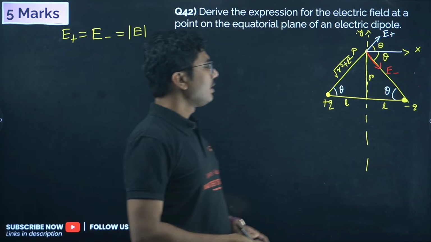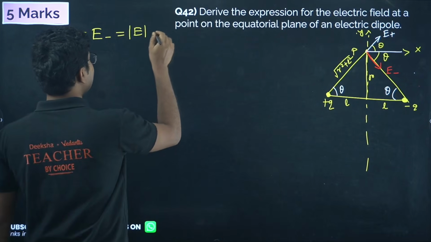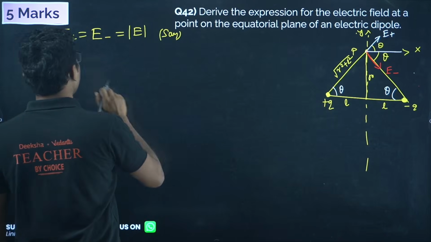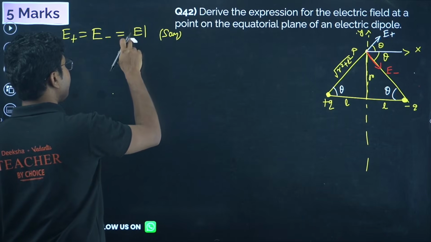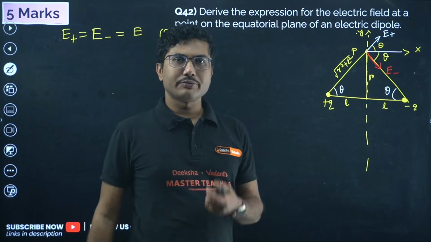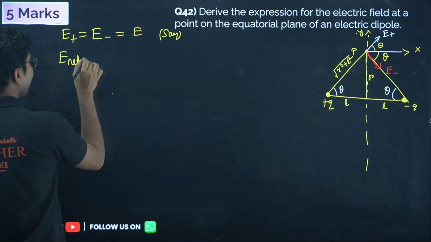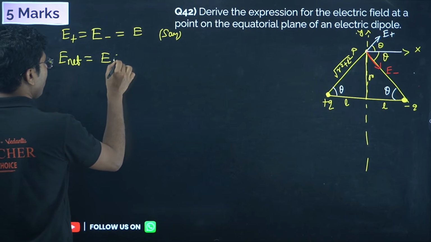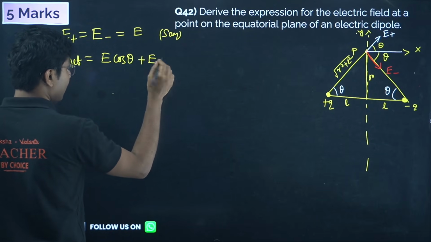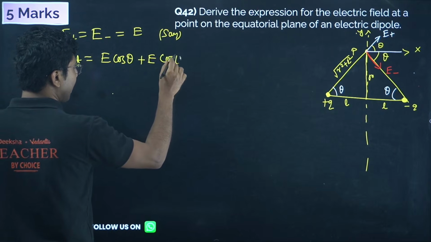Right, now what? Next, so this is electric field E. Modulus of positive and negative both will be same. Now x components will be there, y components will cancel. So the net electric field will be x component of plus and x component of minus.